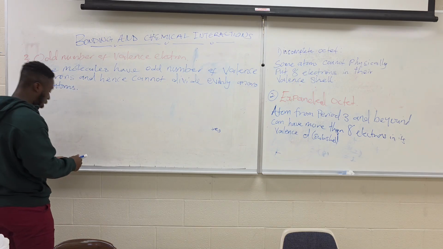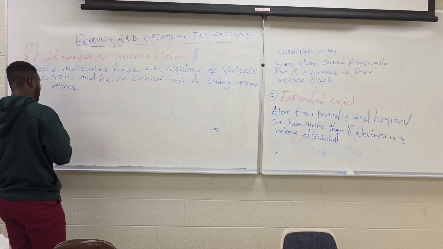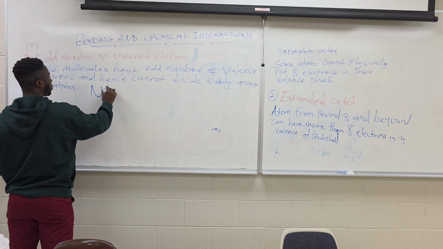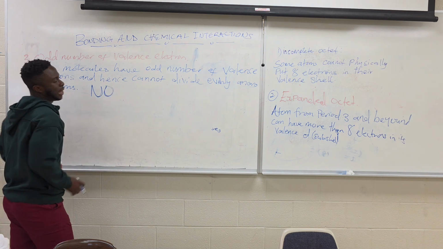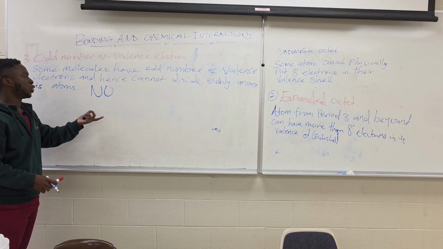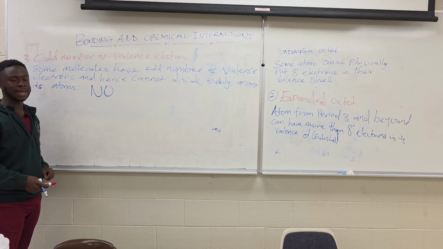An example of such a compound is NO, nitrogen monoxide. It has 11 valence electrons. So how is it possibly going to divide the 11 electrons between the oxygen and the nitrogen?